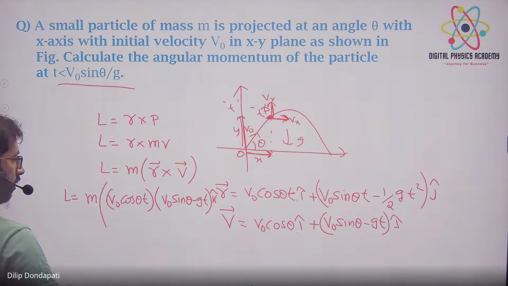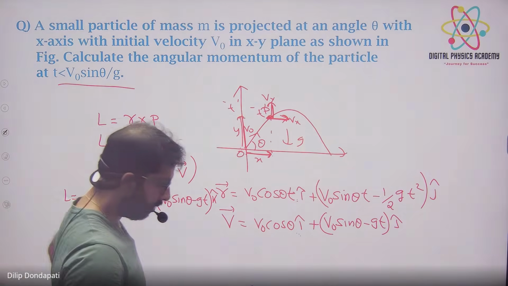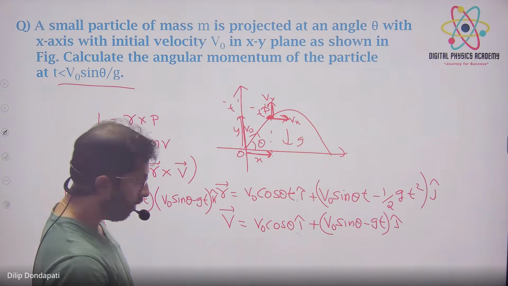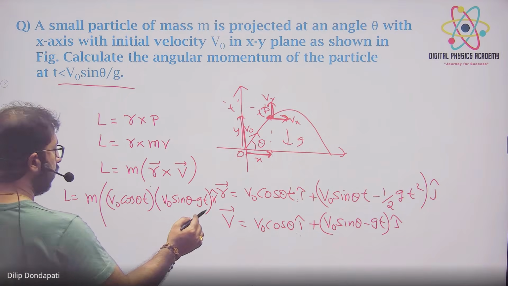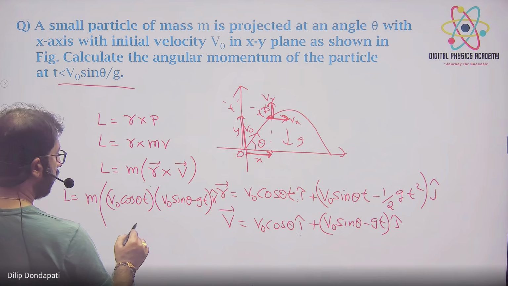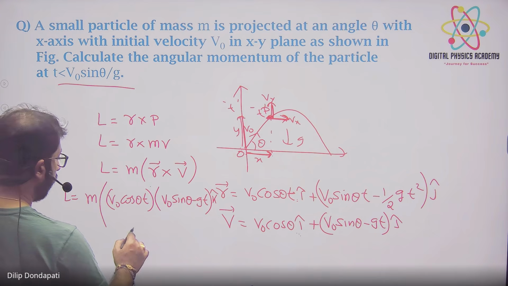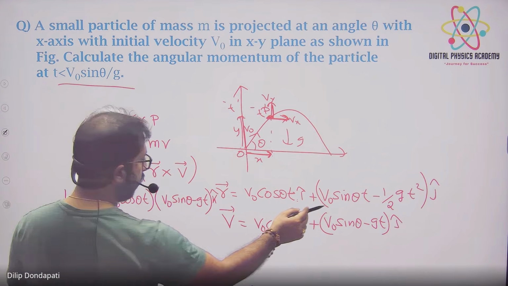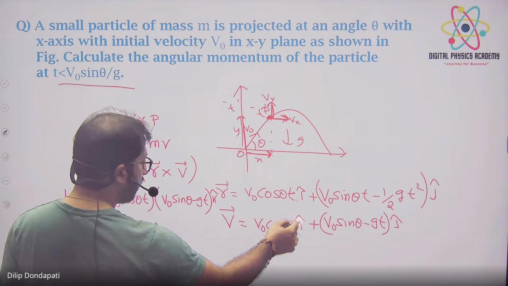So I got minus half mgt square cos theta, k cap. Okay, this into v r cross v, इसका मीन्स ये दोनों को minus k cap आएगा ना.